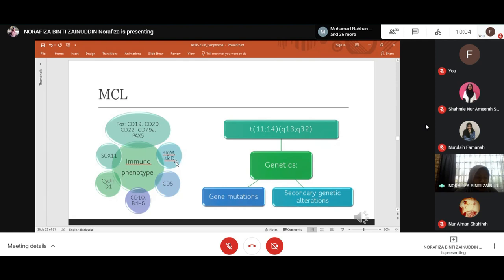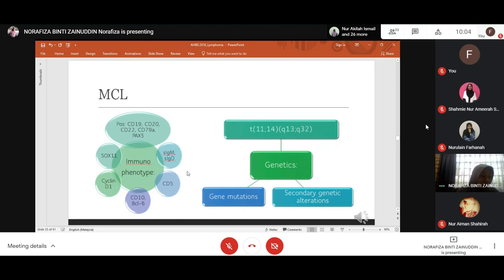And it also co-expresses CD5, but it can actually be negative in up to 10% of MCL. And the tumor is also positive for BCL2, CD43, and also MYC. Well, most cases are negative for CD23, CD10, BCL6, CD200, and also LEF1.